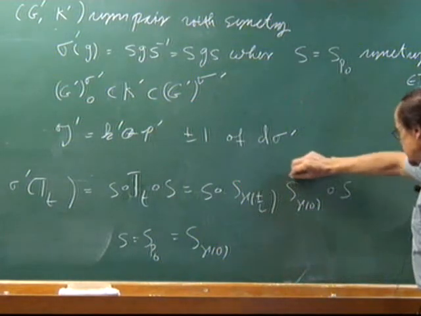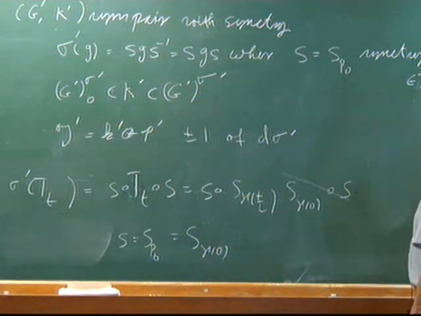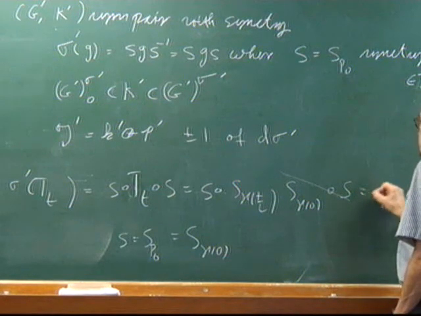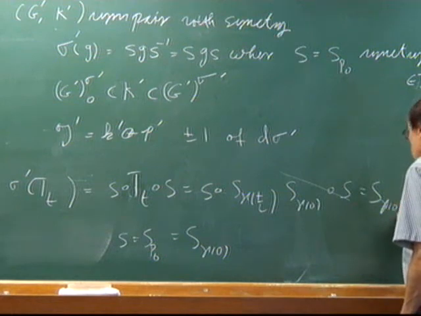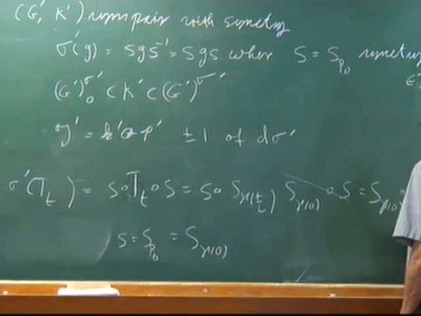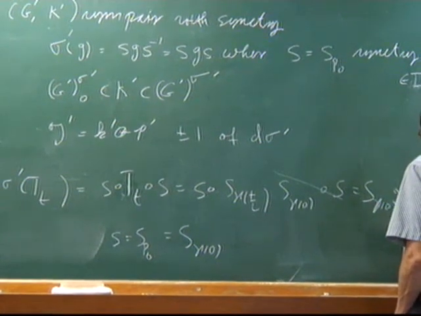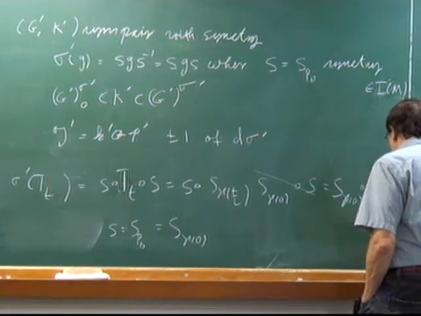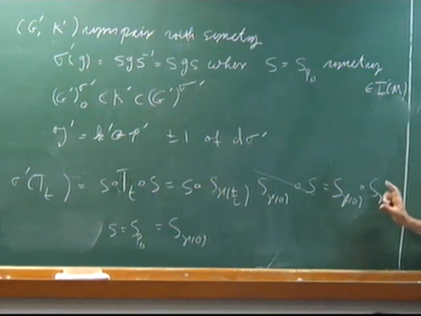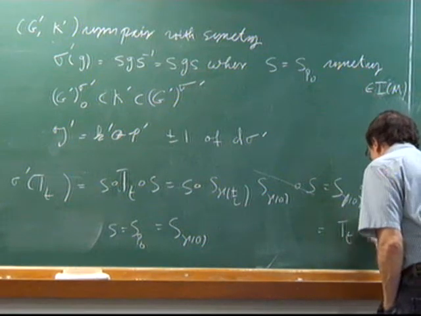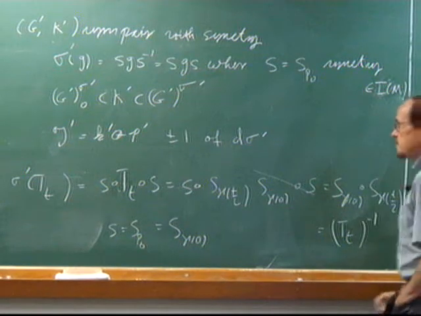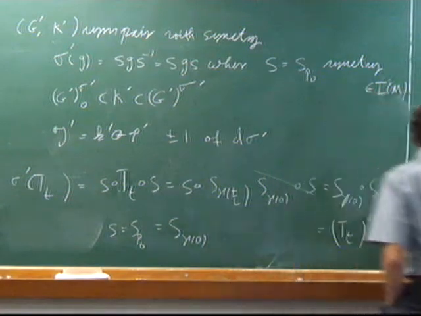So that means these cancel, right? This is an evolution. So this is symmetry S, which is a symmetry at gamma naught, composed with S at gamma t over 2. But these are involutions. That's the inverse. So this is the inverse of t minus t, right? The inverse of this here.